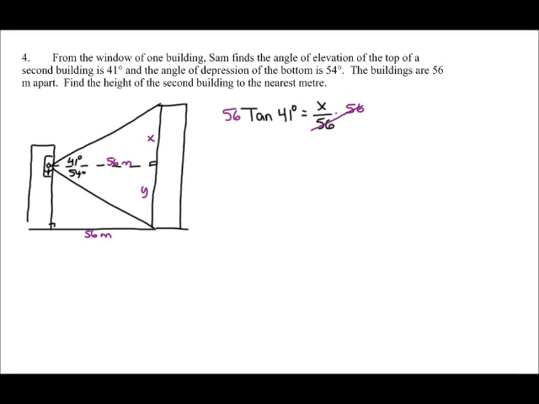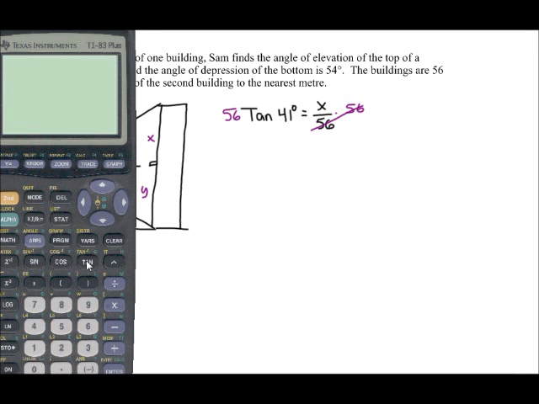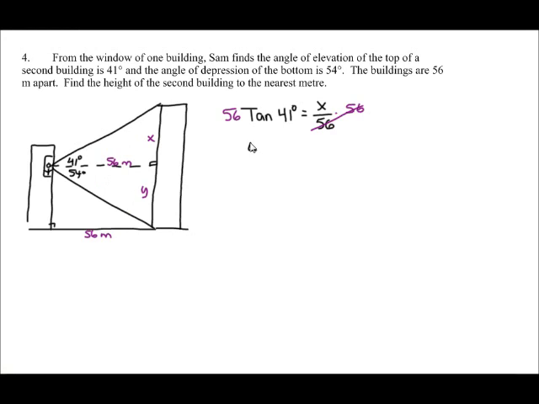Yes, if you keep 2 decimal places for both, then it'll be fine. But I like to use the exacts because then I know if it was a test, I'm getting the exactly right answer. Okay, so 56 tan 41 equals 48.68, especially because of all the zeros. 48.68 equals x.